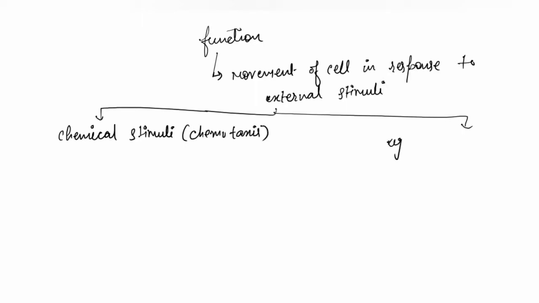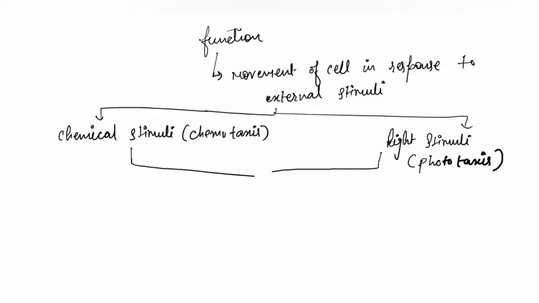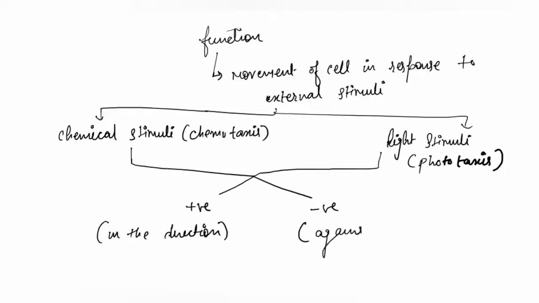Movement in response to chemicals is known as chemotaxis, and movement in response to light is phototaxis. Taxis here refers to movement. Again, whether chemical or light, the movement can be positive or negative. With chemicals, it can be positive chemotaxis or negative chemotaxis. With light, it can be positive phototaxis or negative. Positive means movement in the direction of the stimulus.